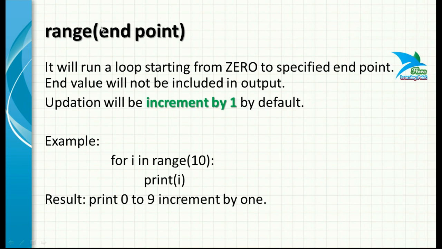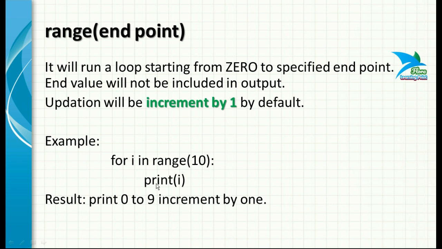So here we have the first form of a range function with one parameter, that is the endpoint of the loop variable. It will run a loop starting from 0 to the specified endpoint, and the endpoint value will not be included in output. Updation will be increment by 1 by default. So here we have an example. If you specify one parameter inside a range function, then it will run a loop starting from 0 and till this endpoint.